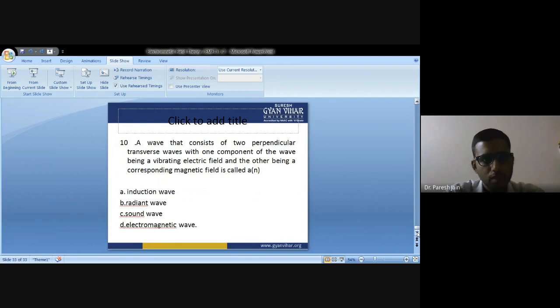We know that transverse waves consist of electric and magnetic fields. Option A is induction field, B is radiant wave, C is sound wave, and D is electromagnetic waves.